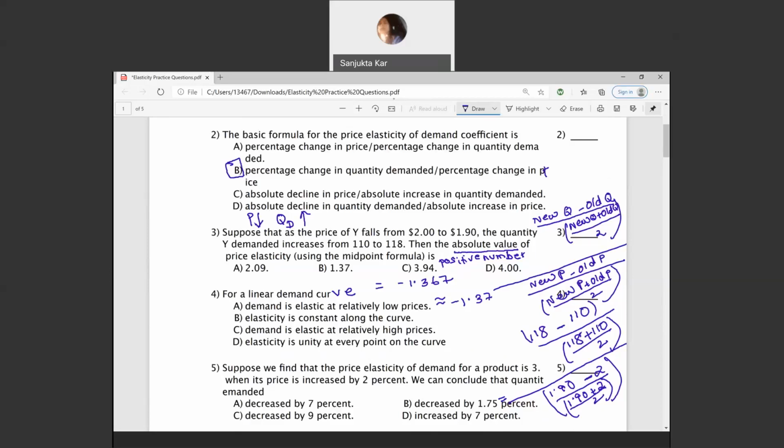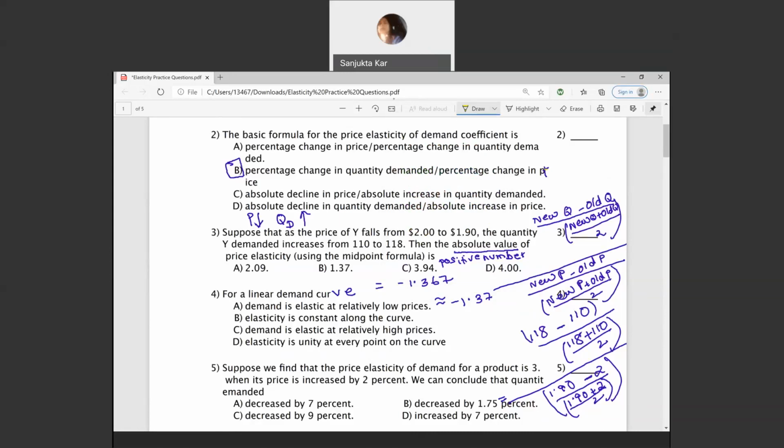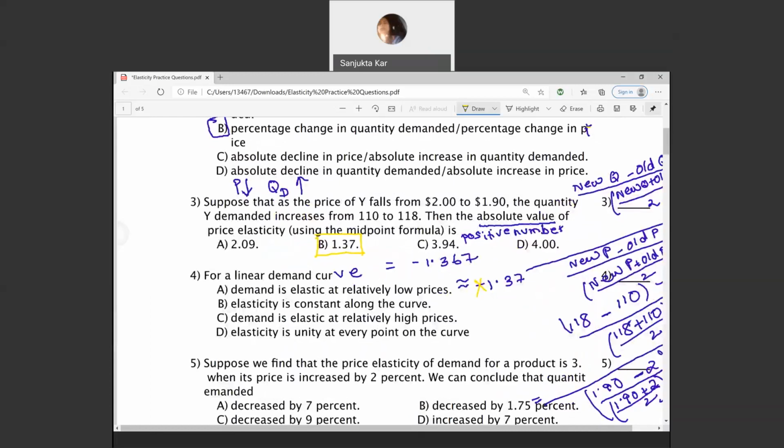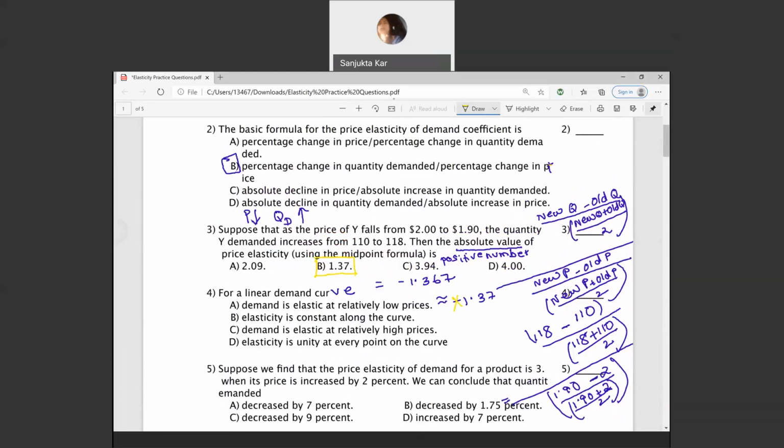Because it is really asking us to report the absolute value, I'm going to take this negative sign off and this is going to be the result. Okay. All right. Hope we can solve this without any issues. Alrighty. So let me take this off and I can go to the next problem.